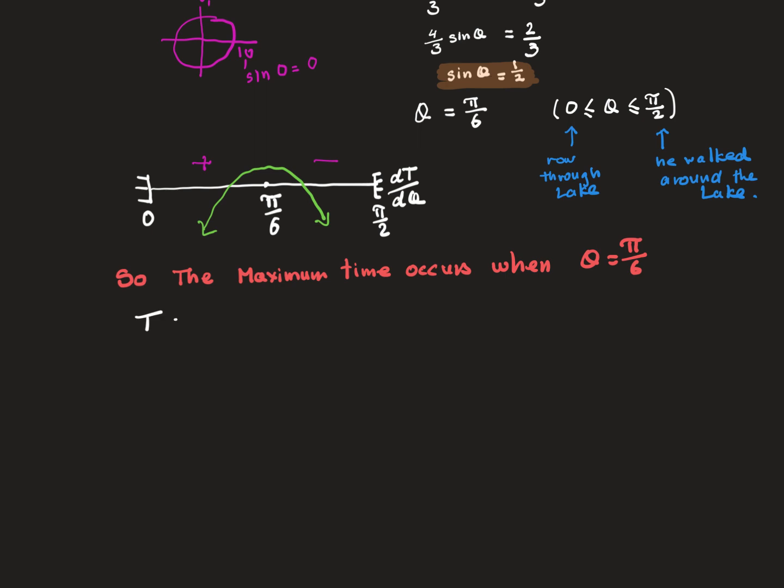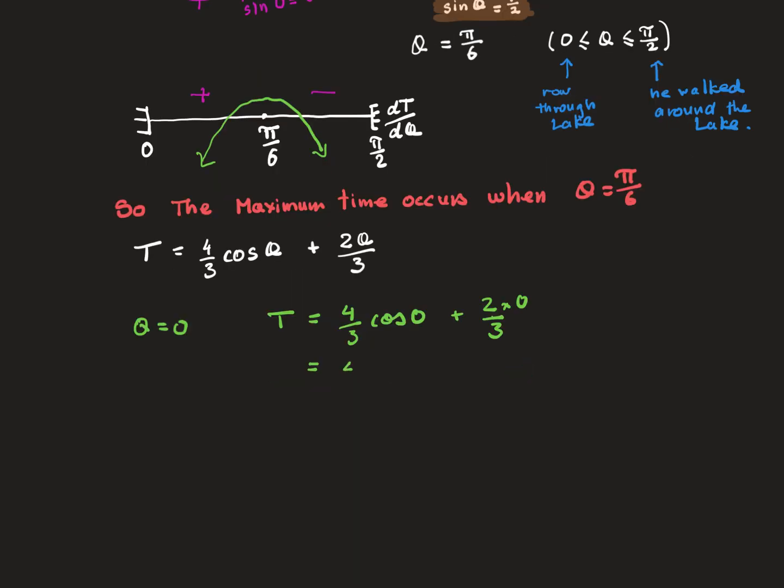So using t is equal to 4/3 cos theta plus 2 theta on 3, we can substitute theta equals 0 into this equation, and we'll get 4/3 cos 0 plus 2 times 0 over 3. And our answer is going to be 4/3, which is approximately 1.33 hours.